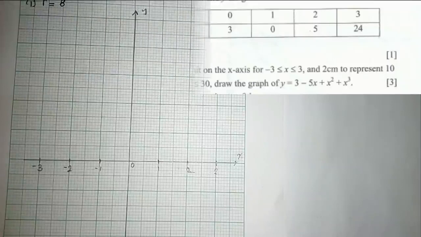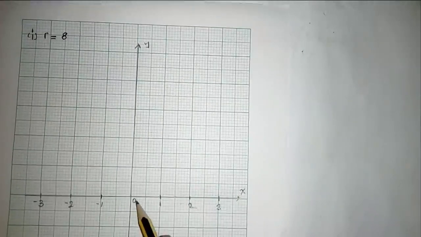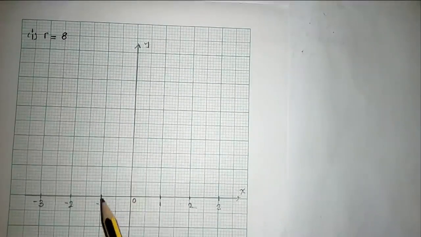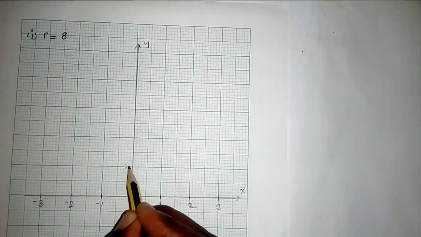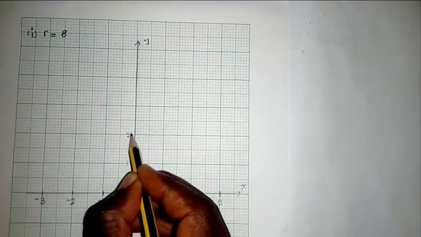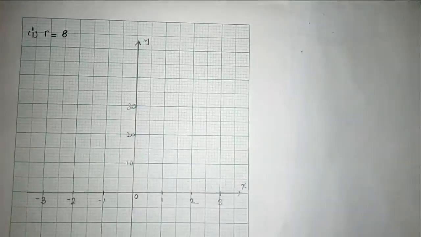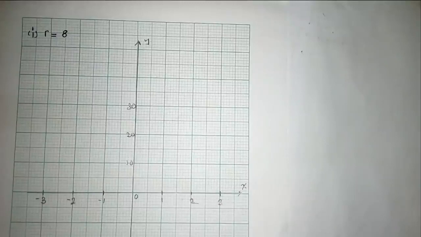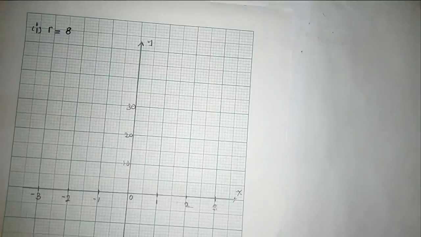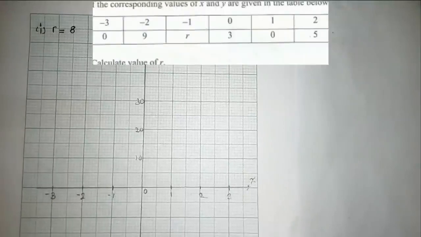So the scale is showing us that we are supposed to start from 0, and we're supposed to be moving in 10s. So 0 here, then 10, 20, up to 30, which is here. Hopefully you're able to follow. Since we have done our Cartesian plane here, we can start the graphing.